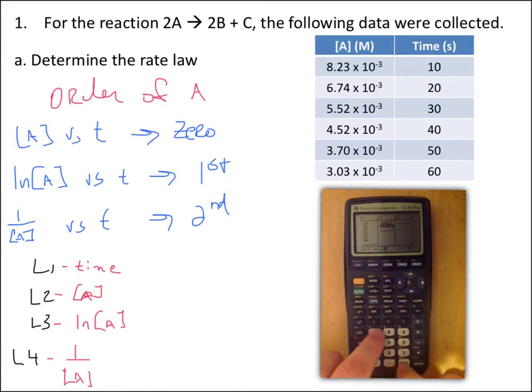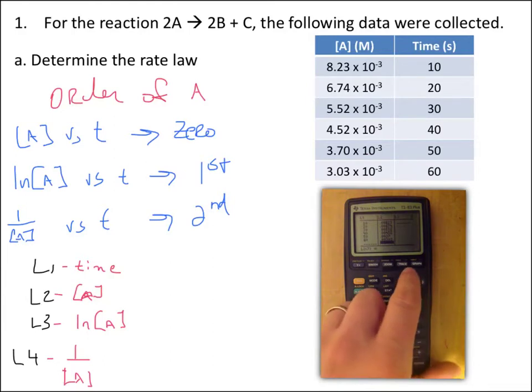So 6.74 second E negative 3. There we go. And then 5.52 second E negative 3. And then 4.52. And then 3.70. And then 3.03. And then just double check that those are all correct, and they are. And so essentially I've got my list in, right?